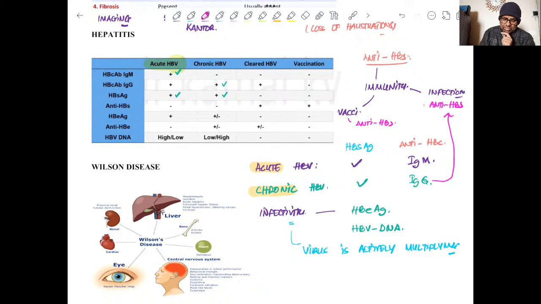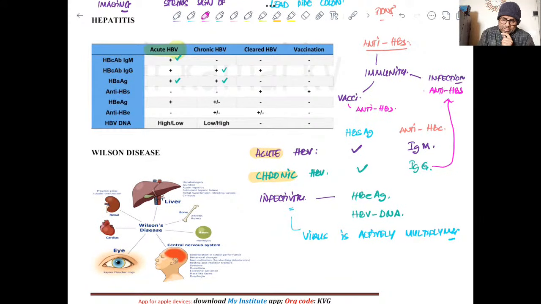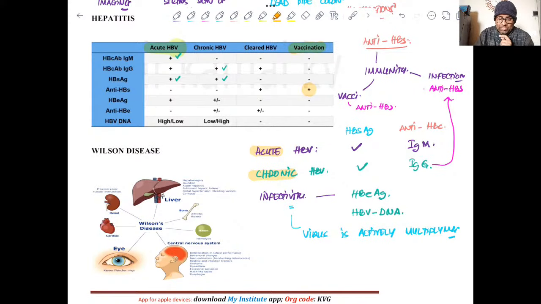Clear? So this is in short how we can interpret the markers, right? So you can see in vaccination there is only one marker which you will see in blood, that is anti-HBs, and in case of cleared infection you will see anti-HBs plus IgG anti-core antibody. Clear?